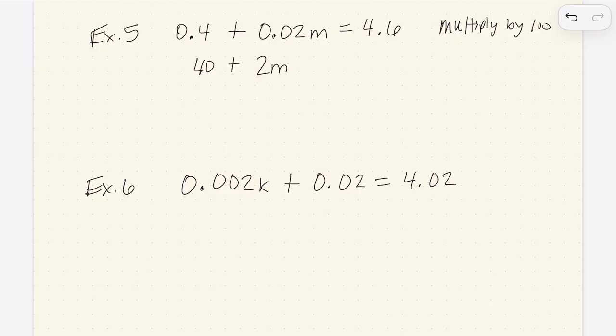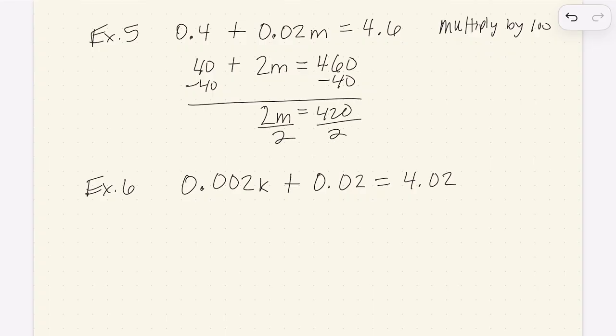So then I have 2m equals 4.6 times 100 is 460. Okay, now I just need to solve this like normal. I am going to subtract 40 from both sides, and I get 2m equals 420. Divide by 2, and I get m equals 210.